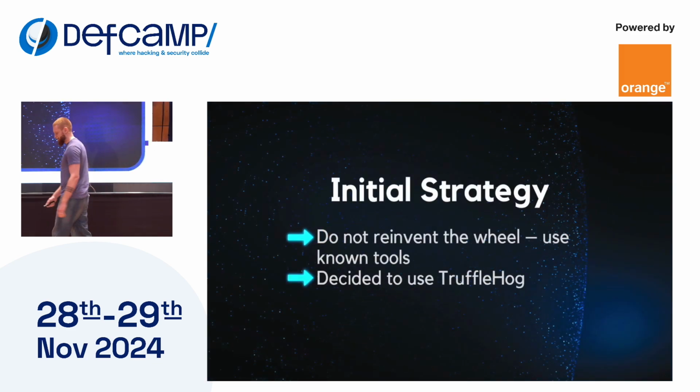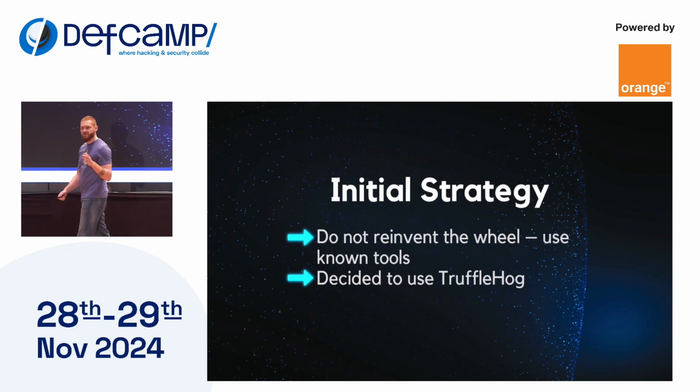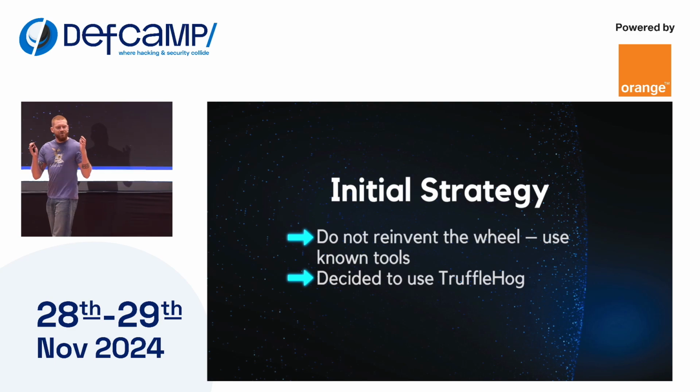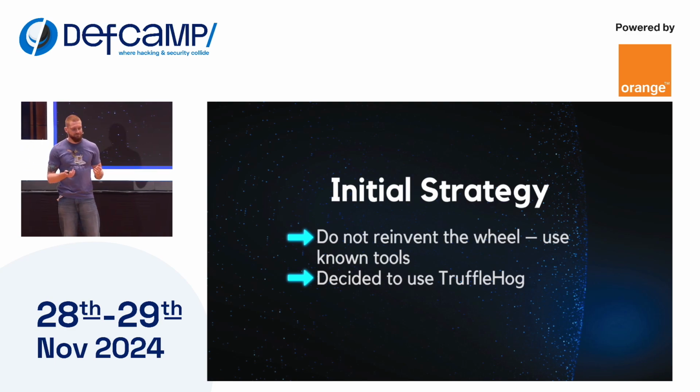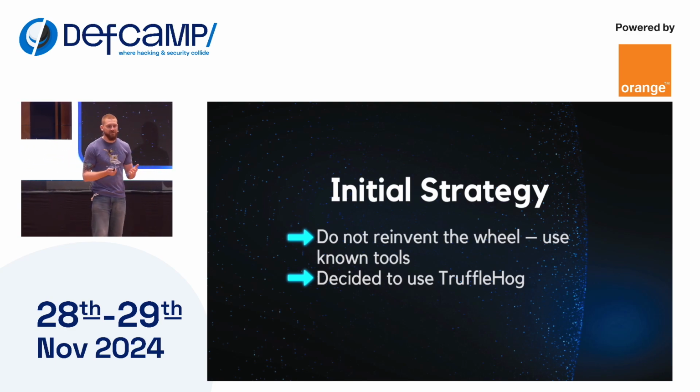Cool. So, for our initial strategy for searching for secrets, we wanted something simple. We wanted to avoid reinventing the wheel. There's plenty of tools already available to search for sensitive data, and one of these tools which we decided to use was TruffleHog.